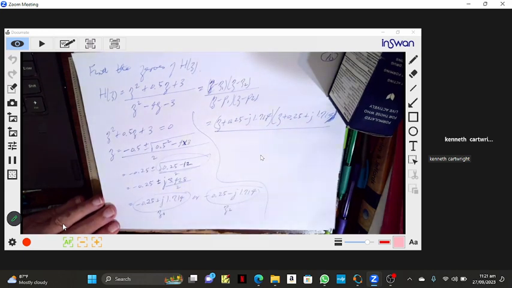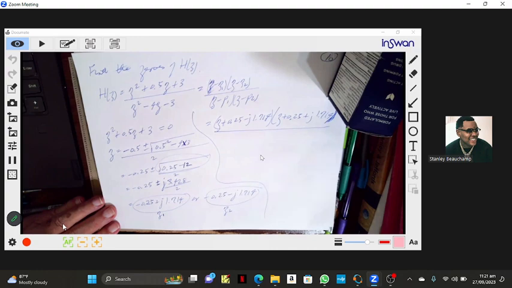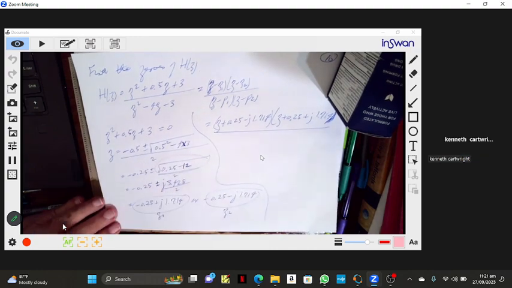I'm going to find the poles. Poles, you have to deal with the denominator. What specifically about the denominator?